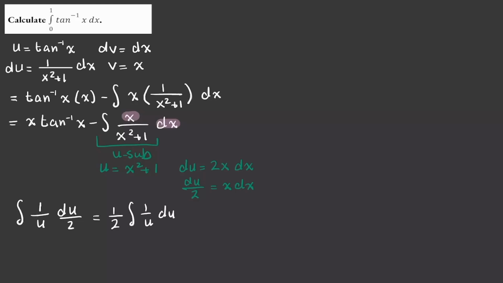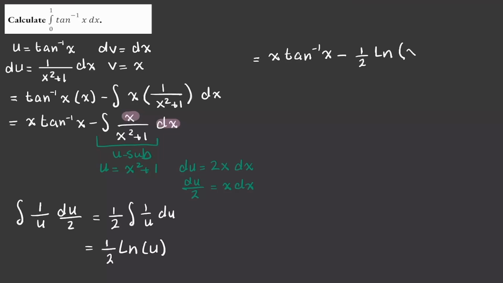Now the integral of 1 over u, we know it's the log function, ln of u. Now inputting that into the place of the integral, my final answer is going to be x tan inverse of x minus whatever I obtain from integration, which is 1/2 ln of, now instead of u, I want to obtain the function back in terms of x.